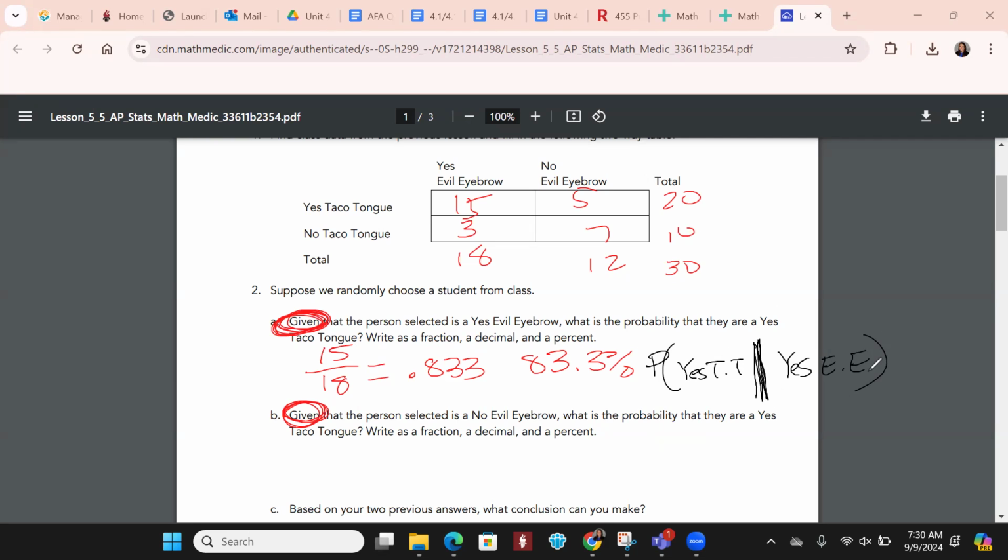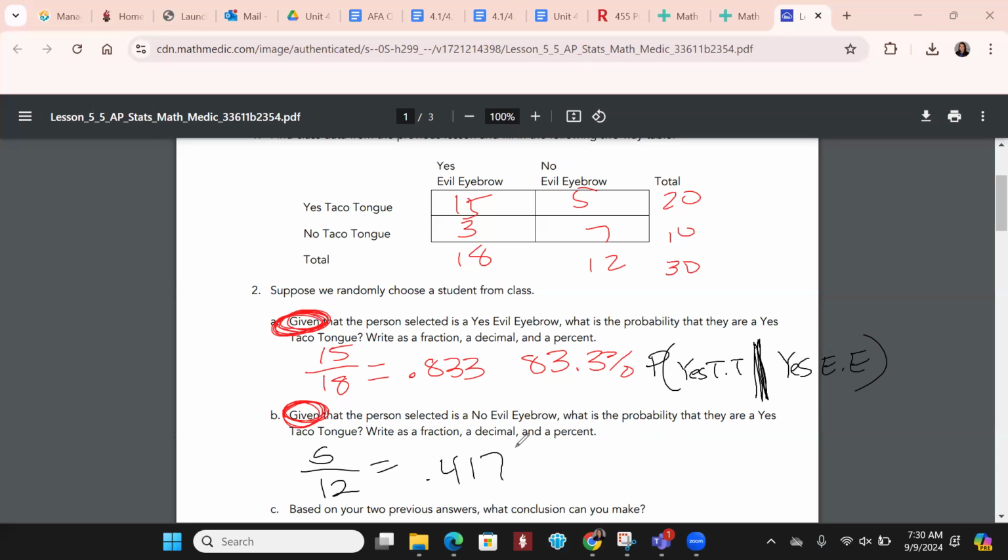Now on B, it says, given that the person selected no evil eyebrow, so out of the no evil eyebrow, that would be 12. What is the probability they are yes, taco tongue? Well, that would be 5, right? So 5 divided by 12 gives me 0.417, that's 41.7%. Can you write it the math way?